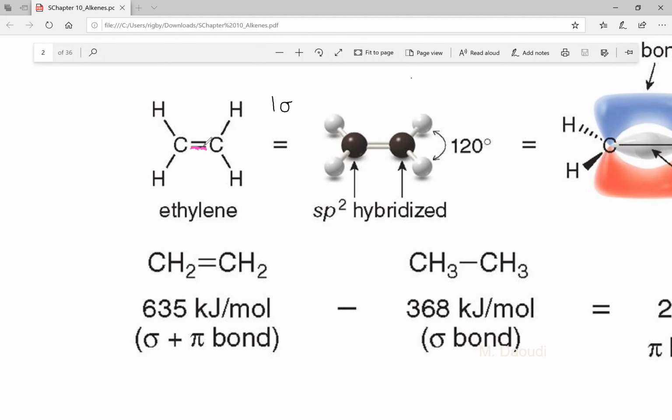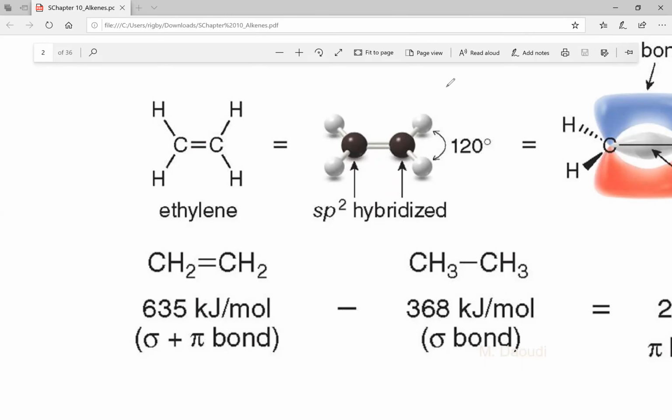I'm just going to choose this bottom one right here. Anything extra, like a double bond or a triple bond, is going to add one or two pi bonds. There's going to be one pi bond for every extra bond. So in this case, we have one sigma bond and one pi bond. If we had a triple bond, then we would have one sigma bond and two pi bonds, and so on.